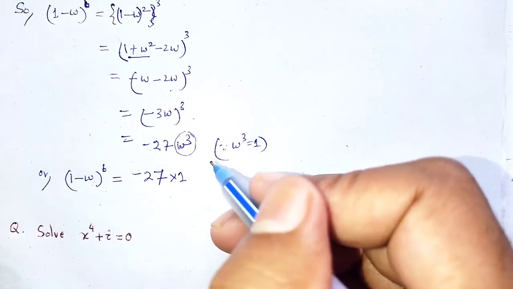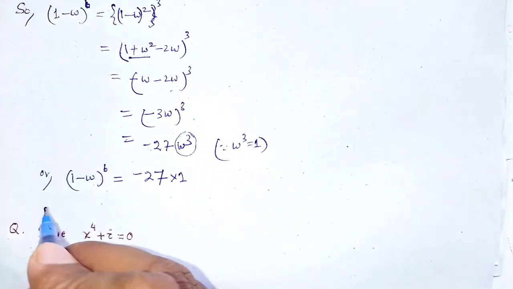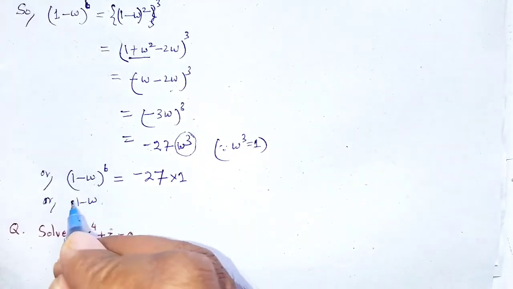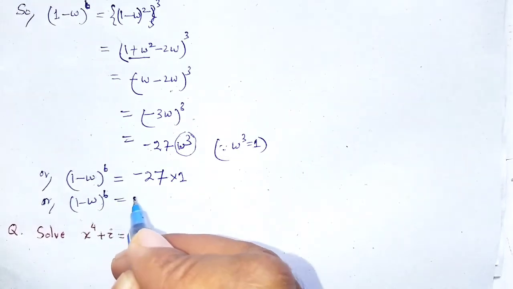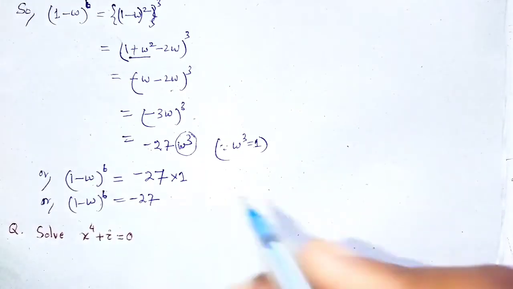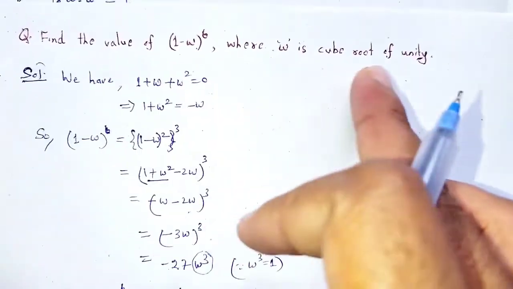The product of the 3 cube roots results in omega cube as 1. Therefore, (1 minus omega) to the power 6 is equal to minus 27. That will be the answer to the given question.